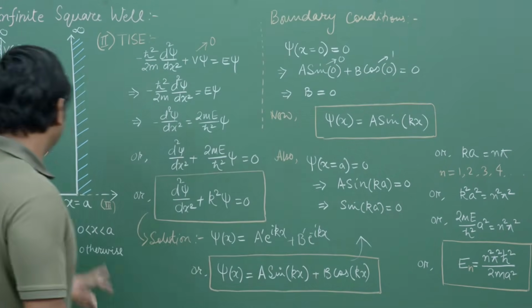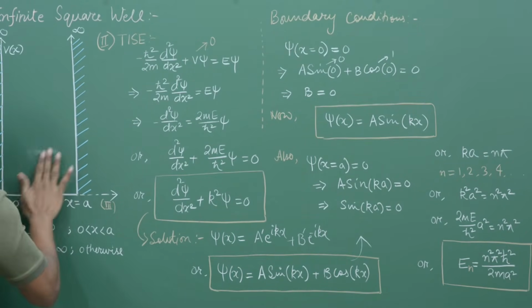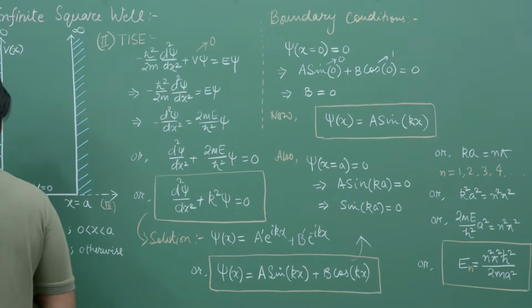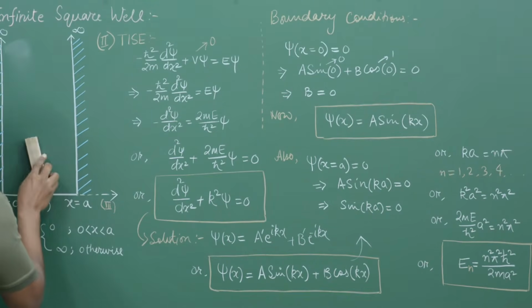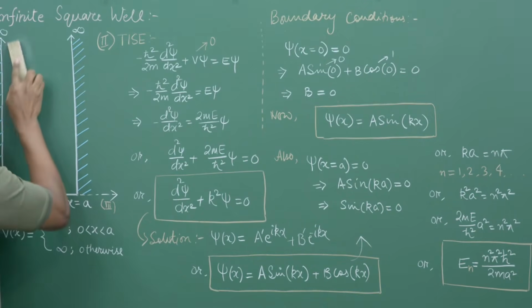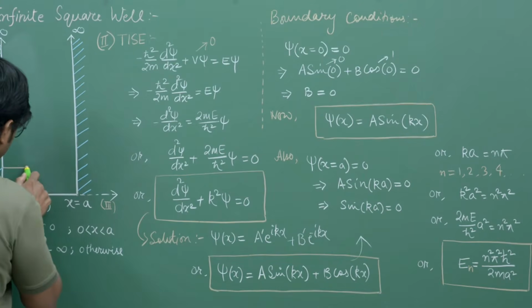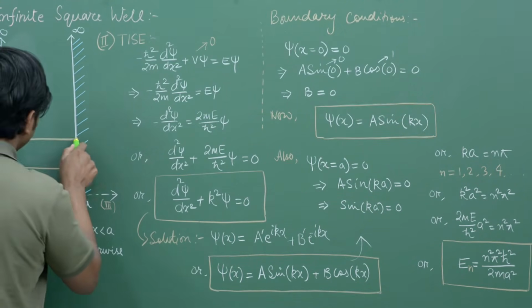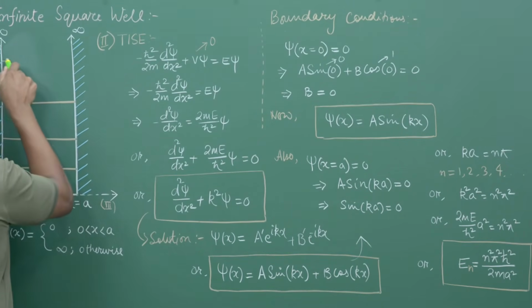So that means if a particle is in an infinite potential well, the particle will have energies which are allowed, having values, let's suppose I call this E1, this E2, this E3, this E4 and on and on.